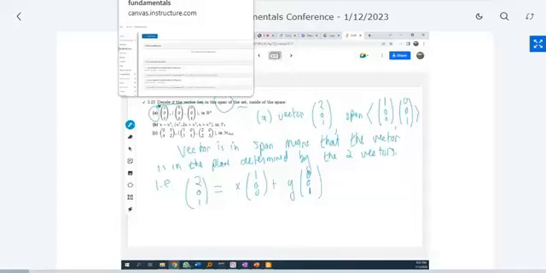So in order to make this work, this had better be 2 to match up this 2, and this had better be 1 to match up this 1. So in fact, this has a solution: x equals 2, y equals 1. So 2, 0, 1 is in the plane. So yes, the vector 2, 0, 1 is in the span.